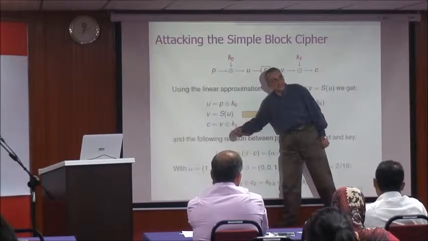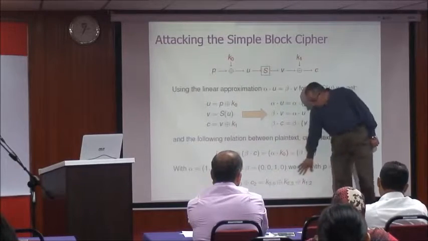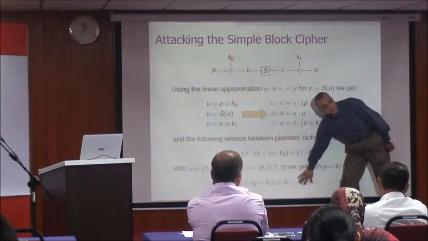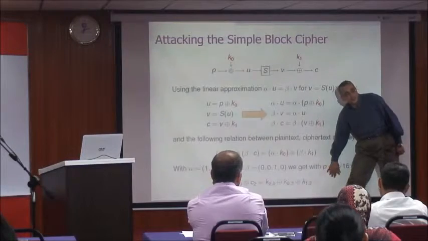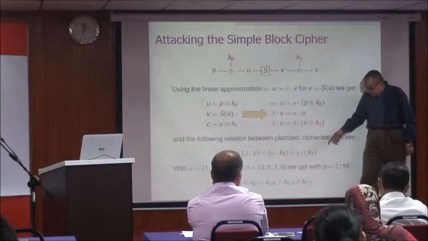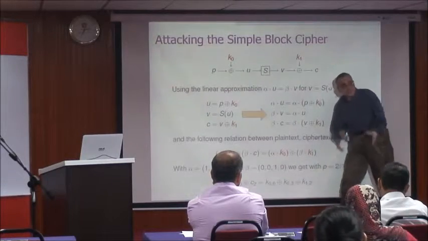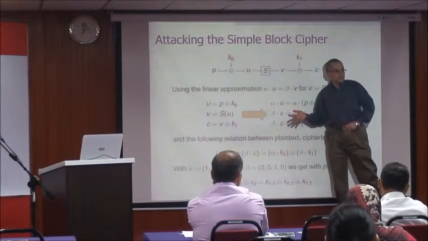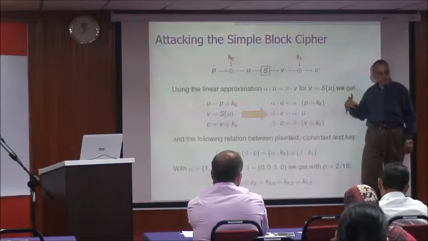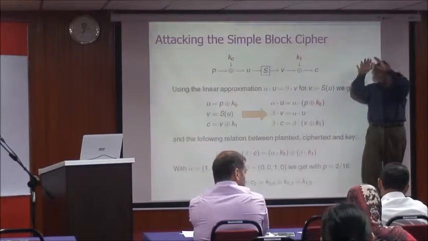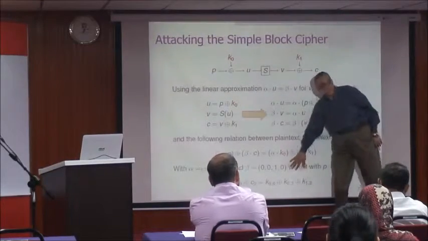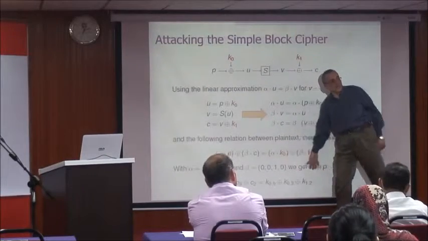If I repeat this enough times, I can conclude the parity of the key bits on the other side of the equation. So it's as if after repeating this attack, I can tell whether K00 XOR K03 XOR K12 is equal to 0 or 1, for example. And if I build enough linear relations, I can form enough equations in the key bits that I can solve to uniquely determine the keys.